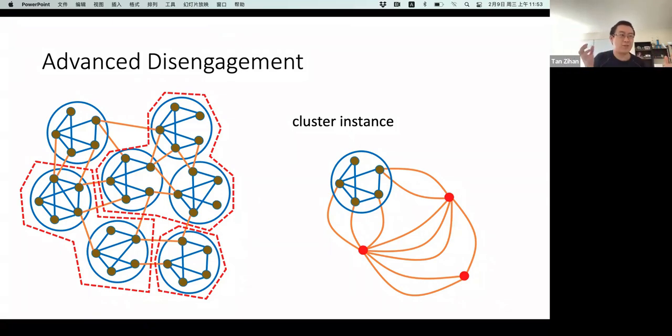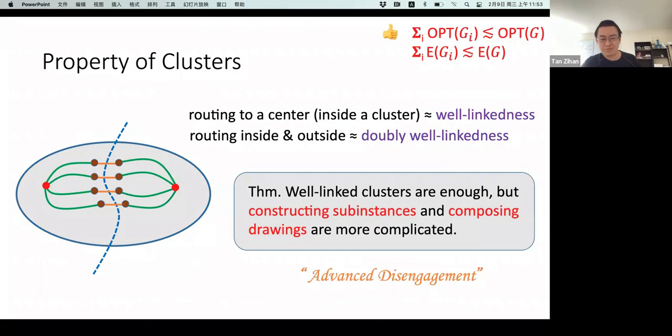But the idea is still like composing them when there is just one special vertex for each instance. I'll get to the details of this part, but the idea is that well-linkedness suffices, but it makes the disengagement, the combining and joining part, much more complicated, but it still can be done.